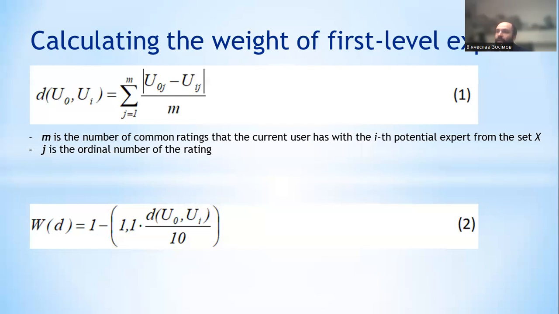Expert weight values are numbers within the interval from 0 to 0.9. Therefore, to determine a qualitative assessment, the result of a normalizing function is used rather than the value itself, expression 2 on the slide.